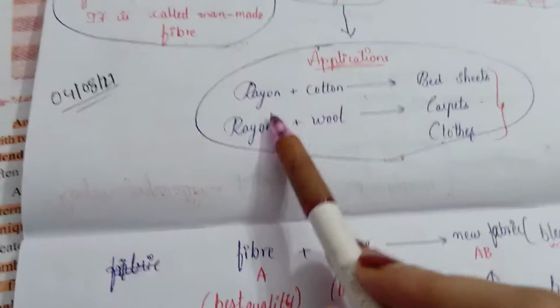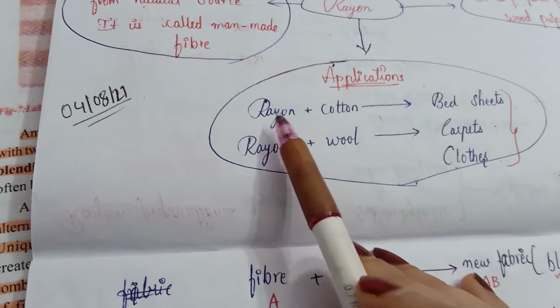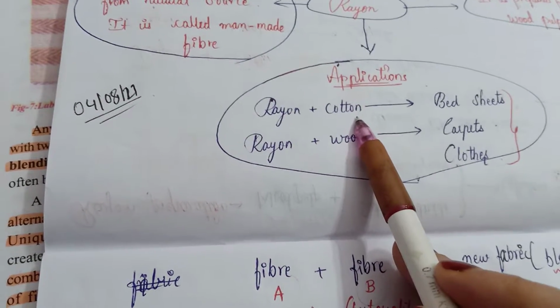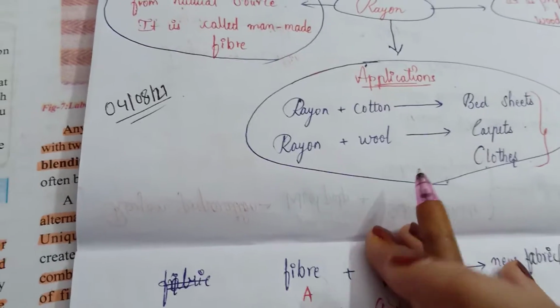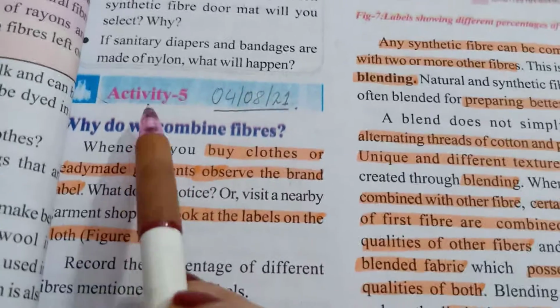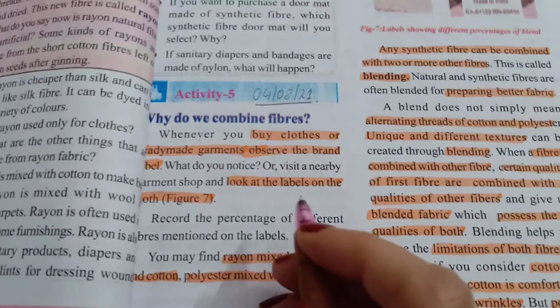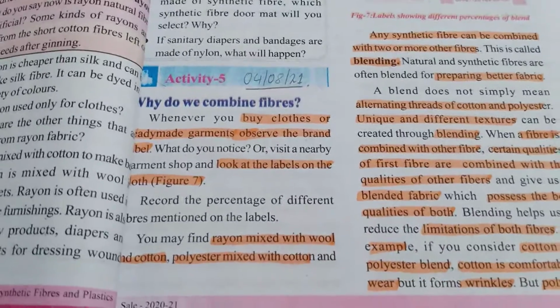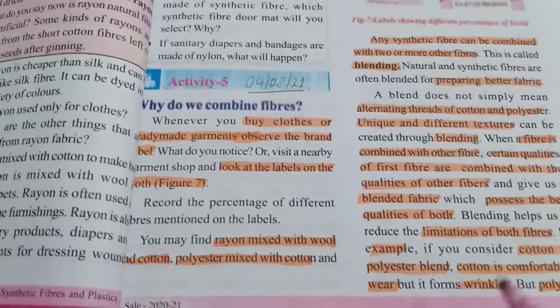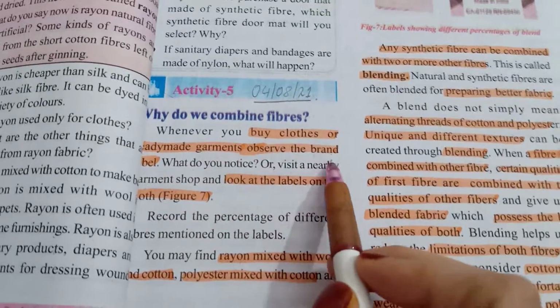In application, we combine rayon with some other fibers, right? Why do we combine, why is it necessary? Our today's topic is about that only, our activity 5. Why do we combine fibers? See, for example, students, when you go to your nearby shops to buy clothes or ready-made garments, what will you observe?